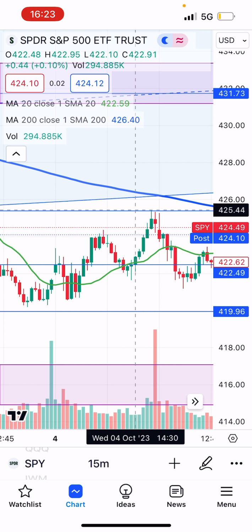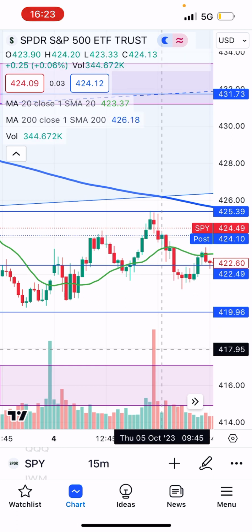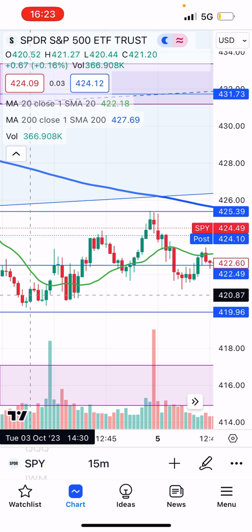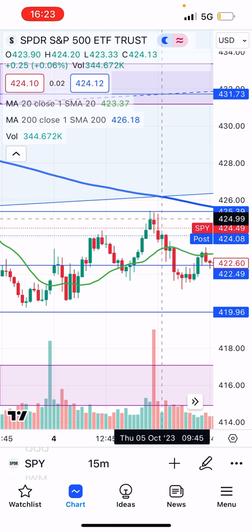Okay, and this doesn't work all the time, right? So don't load up your entire portfolio on these positions, but it's something that can help with your trading decisions, I think. But anytime I've noticed that when we're below the put wall, we tend to gravitate back up at least to the put wall or even above it, okay?